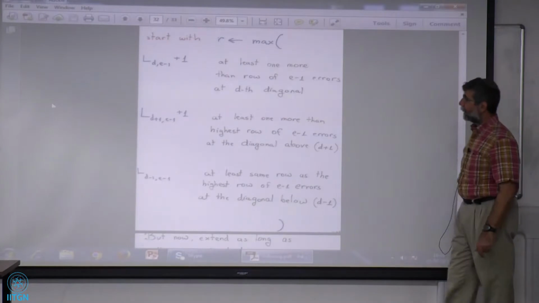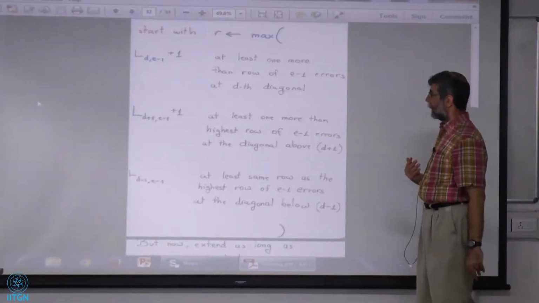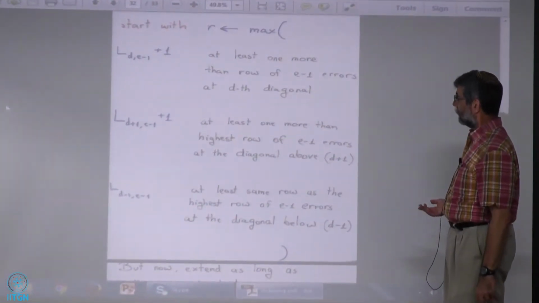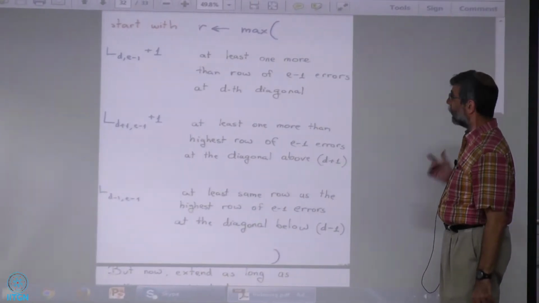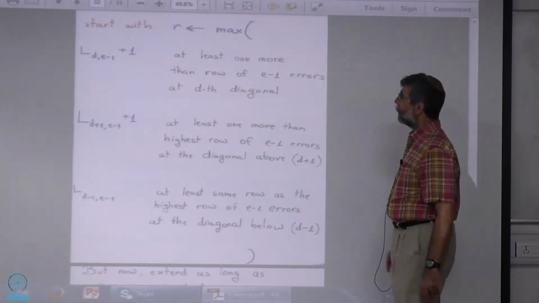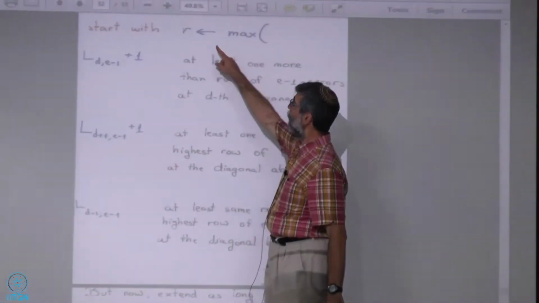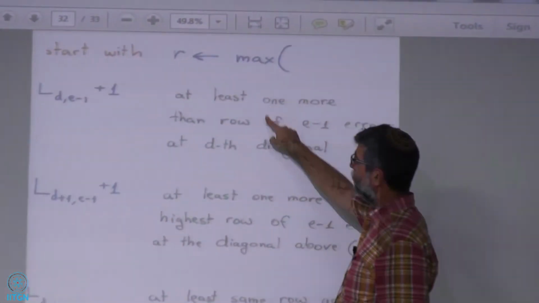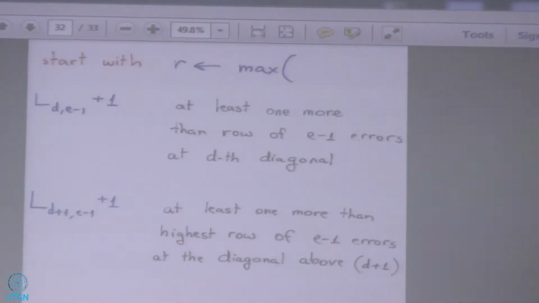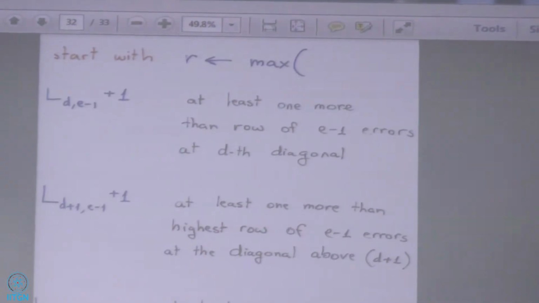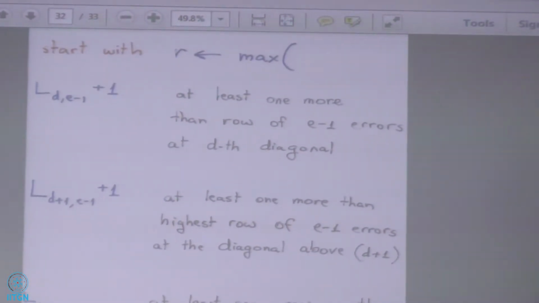Suppose you want to fill in L of D plus 1, E plus 1. So what you're going to do is the following. You start with R as the maximum of all the following. And why maximum? Because that's what we said. You want to go down as far as you can in every one of the diagonals.